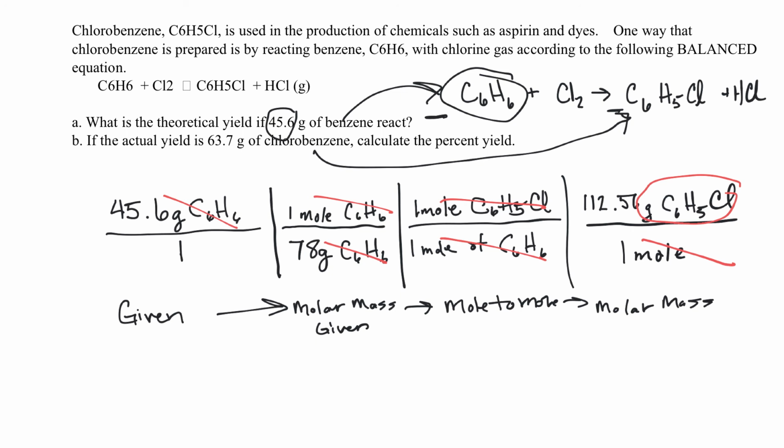And so if we multiply through 45.6 times 112.56, we get 5,132.74 divided by 78. Sorry, I keep writing that wrong.